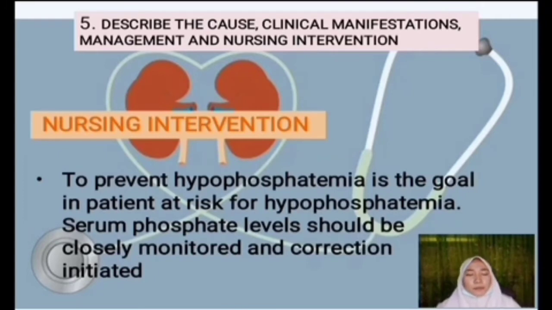Then for nursing intervention, to prevent hypophosphatemia, the goal in patients at risk is that the serum phosphate level should be closely monitored and correction initiated. When a patient requires correction of the phosphorus losses, the nurse frequently monitors serum phosphate levels and documents and reports the signs of it.